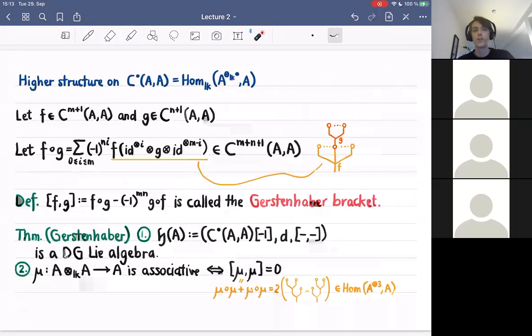Okay, and so we have higher structure on the Hochschild cochain complex, and this is the so-called Gerstenhaber bracket.